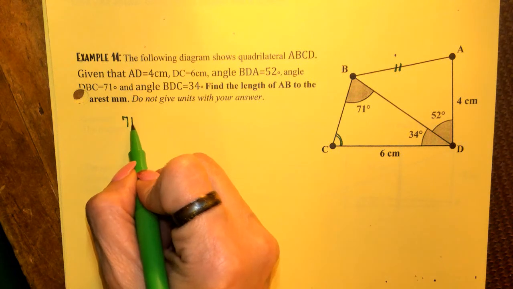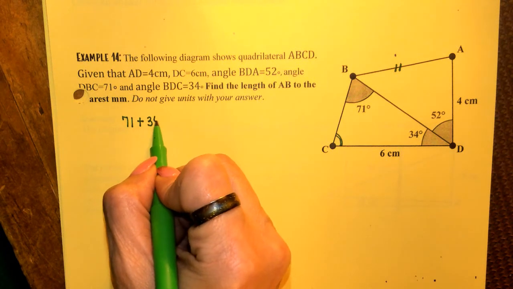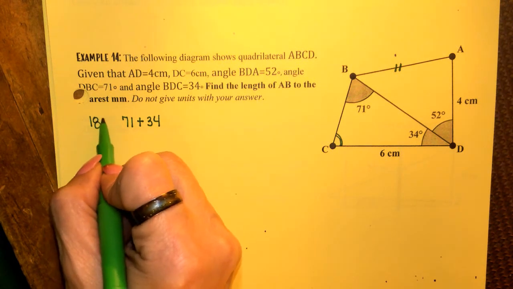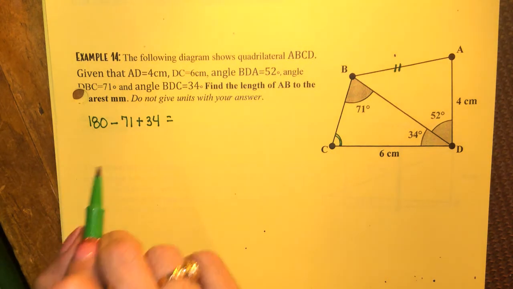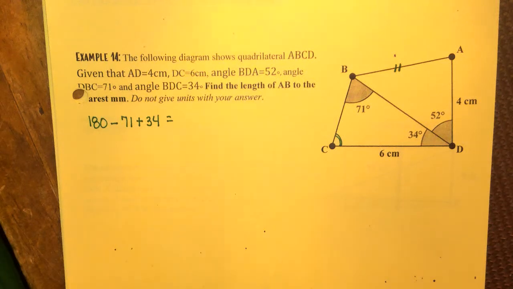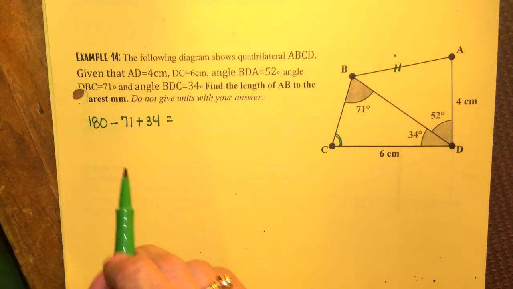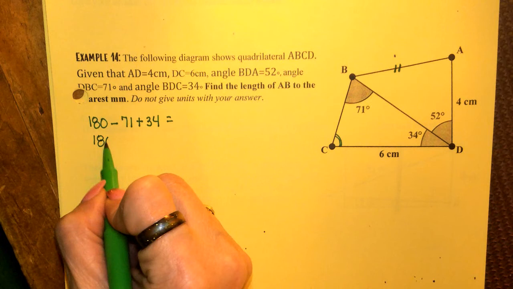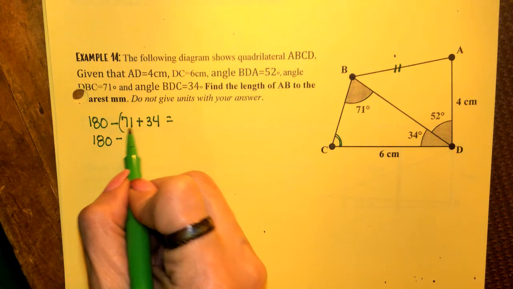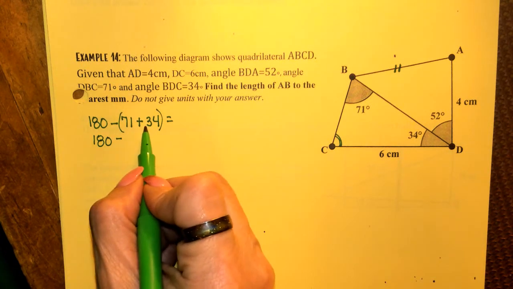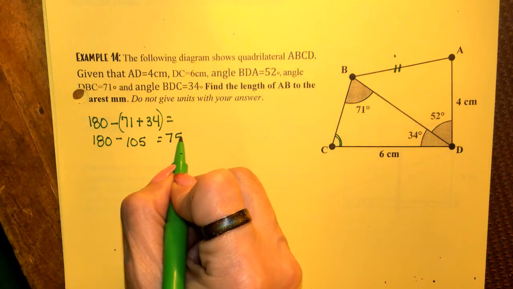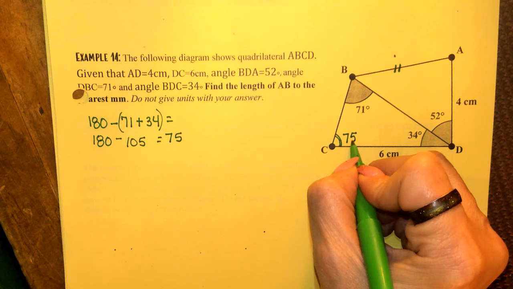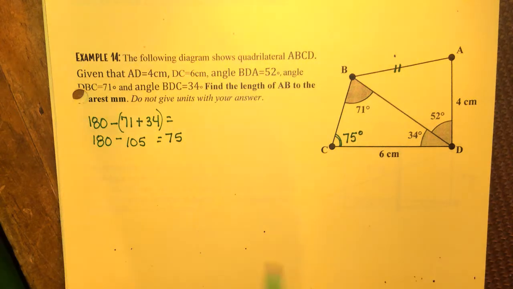So 71 plus 34 is 105, and I take 180 minus that and I get 75. So that's a 75-degree angle there. Now, I don't know if I'm going to need that, but at least I could get that done.